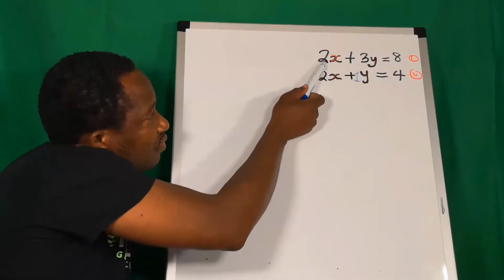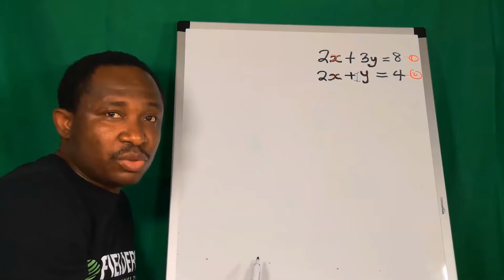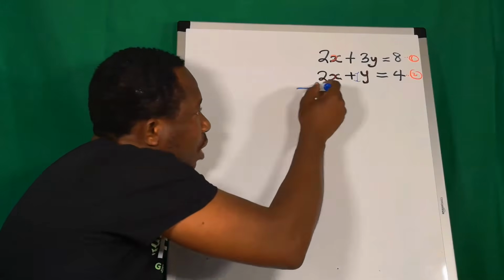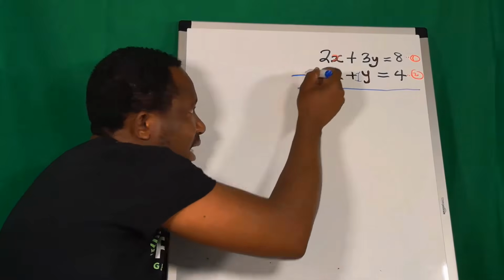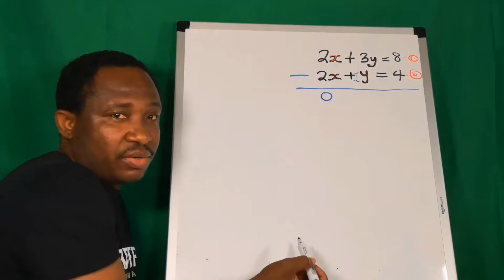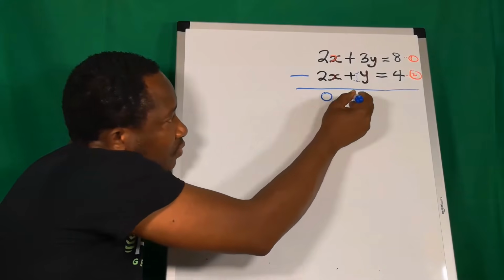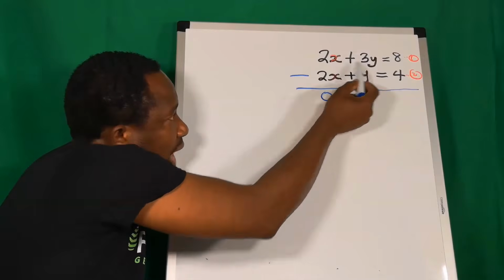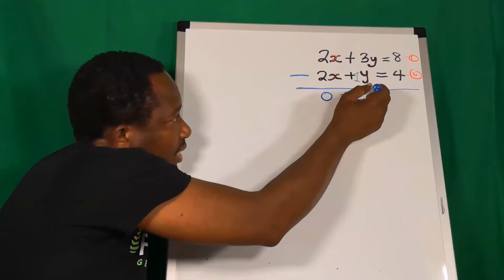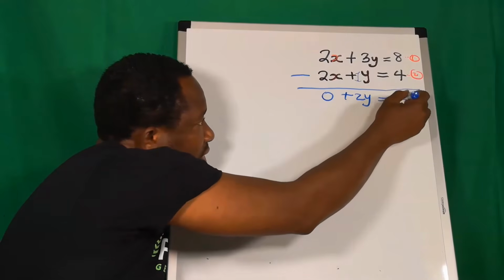The coefficient of x for equation 1 and the coefficient of x for equation 2 are the same. Hence, we're going to subtract by elimination. 2x minus 2x is 0. 3 minus 1 will give you plus 2. 3y minus 1y is 2y. And 8 minus 4 is 4.